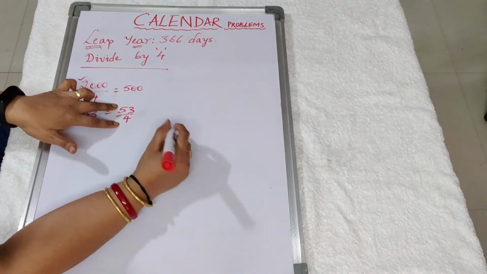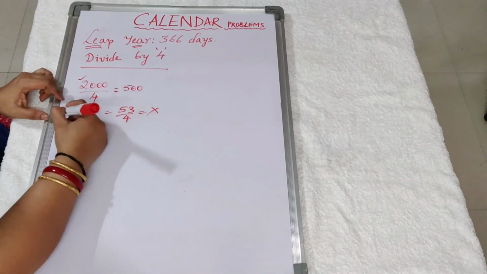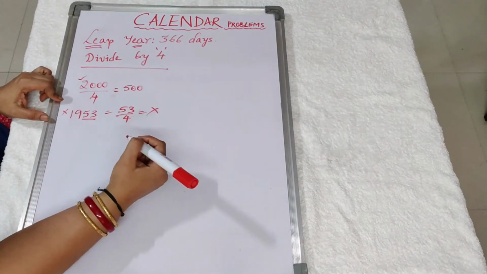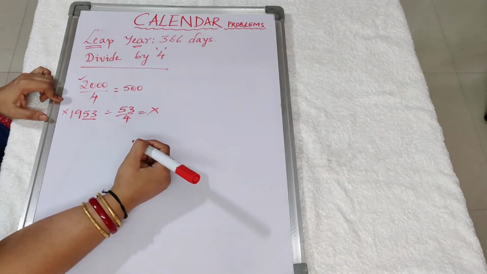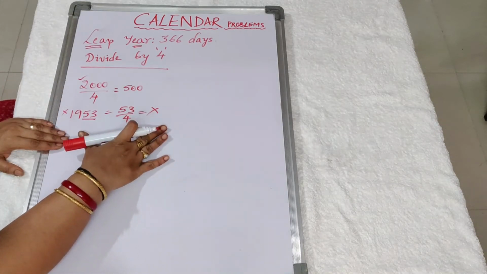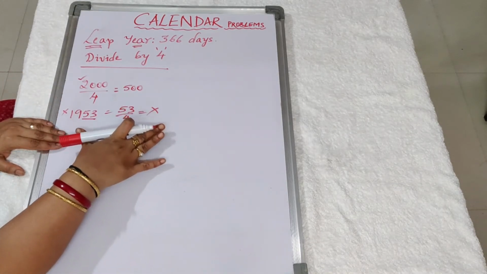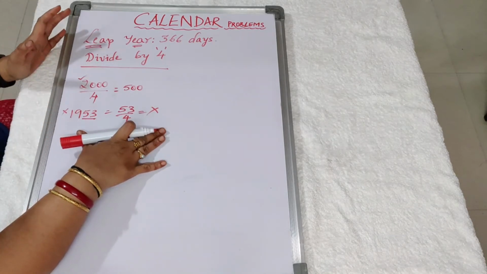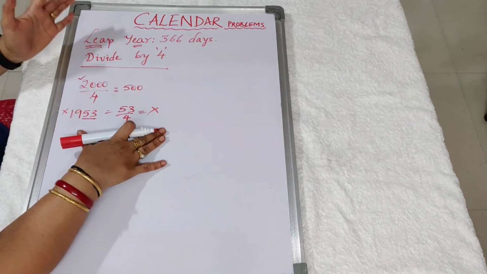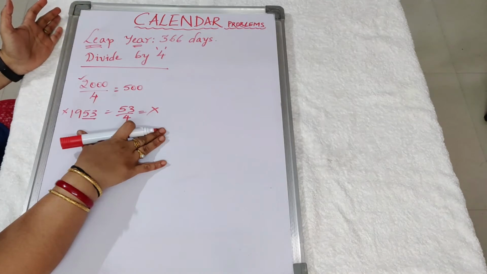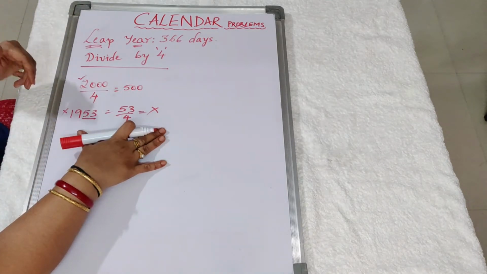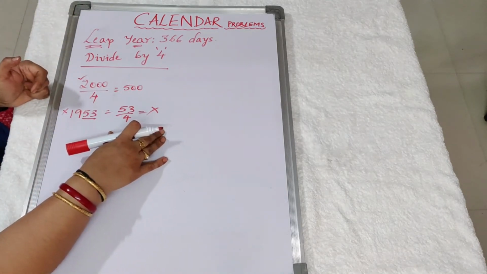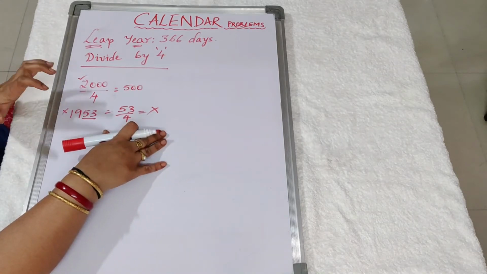Is it divisible by 4? It is not. So this is not a leap year. This is how we calculate leap years, because this is very important. We are going to discuss leap years and normal years thoroughly in the coming concept. Now, so this is done.